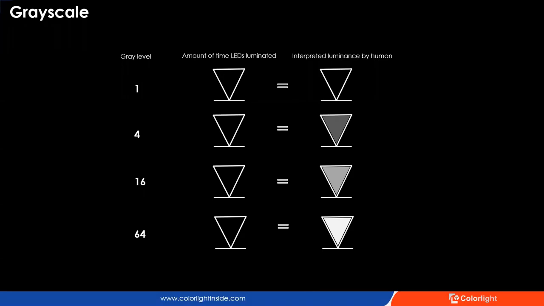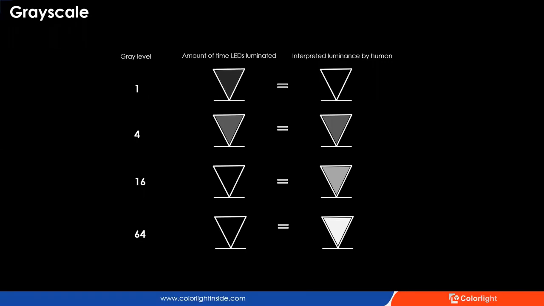Please look at this example here. There are 4 LEDs. The first LED displays gray level 1. Its on time will be very short, and the human eye would perceive it as very dark. If displaying gray level 4, the human eye would perceive it as a little bit brighter than gray level 1.